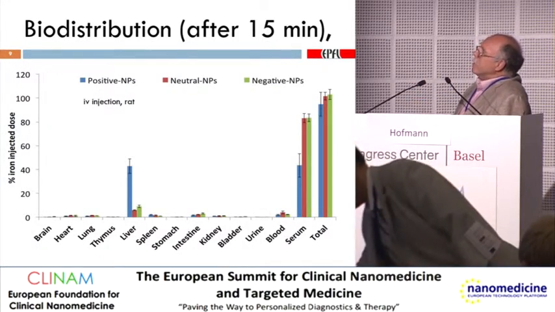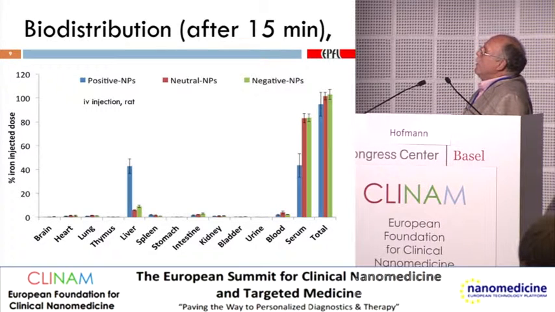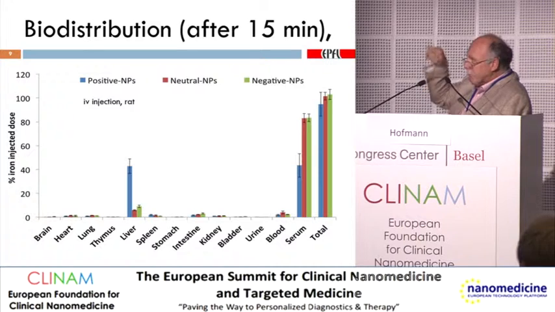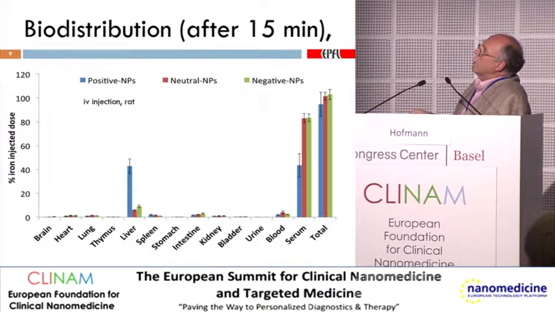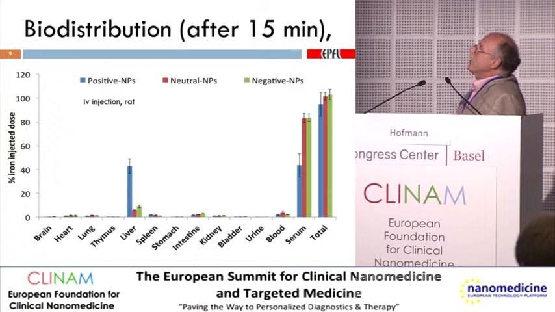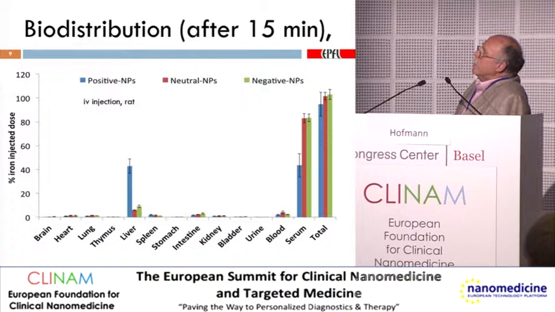You see here the biodistribution, also shown before, but now you see the same particle, the same coating, besides that we have different functional groups on the surface. That means different proteins on the surface. So the positive, with a lot of different proteins, are in the liver. In 15 minutes, half of the particle amount is in the liver.